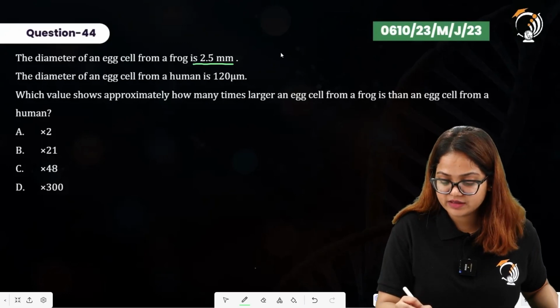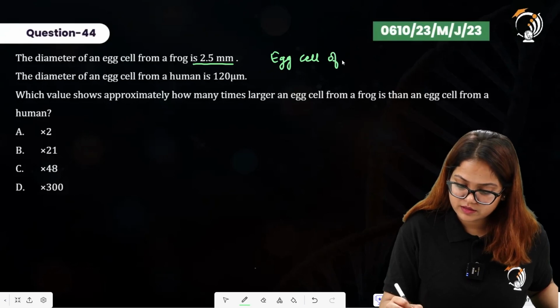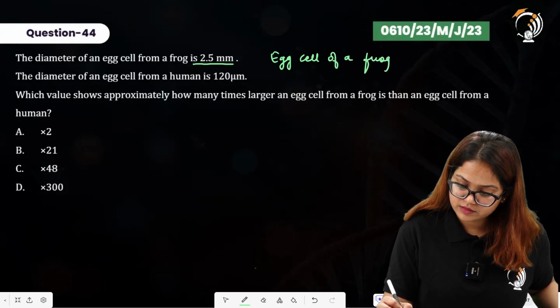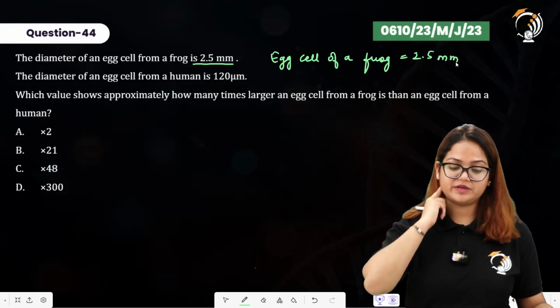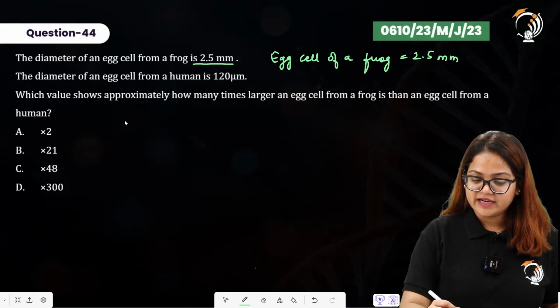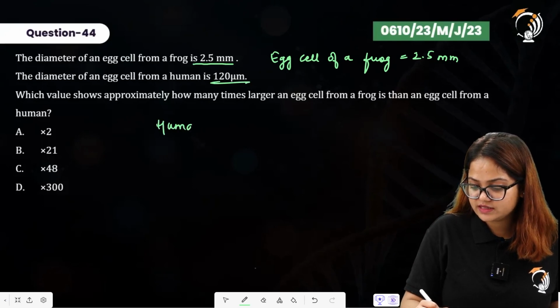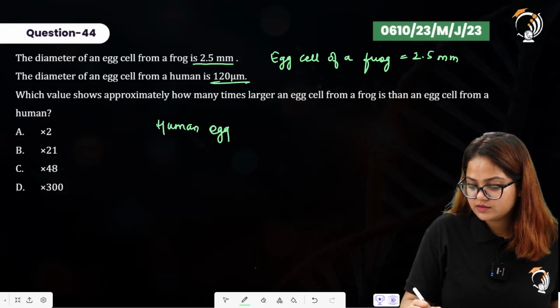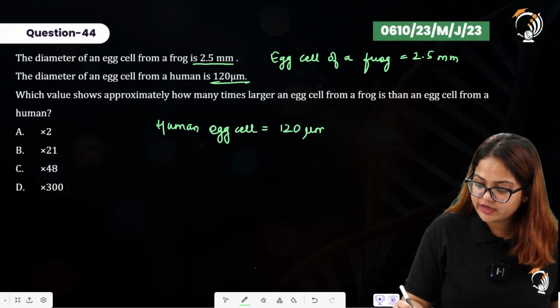So we have 2.5 millimeter. Then you have the diameter of an egg cell from a human, so the human egg cell is 120 micrometer.